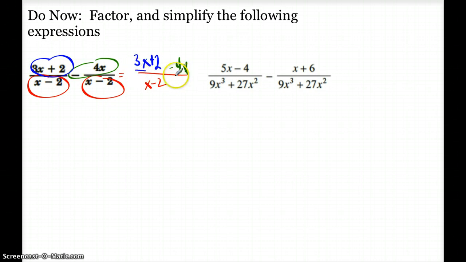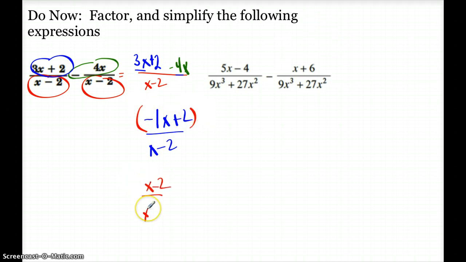Combine your like terms: 3 minus 4 is negative 1, so negative x plus 2 over x minus 2. Factor out our negative 1 so we can change all these signs, and we'll get x minus 2 over x minus 2. Factor out negative 1, these cancel out, final answer.